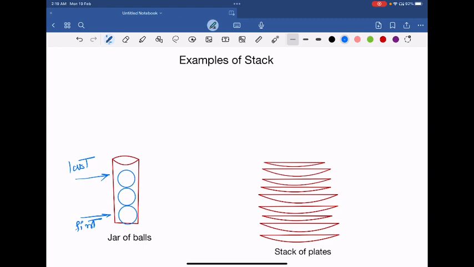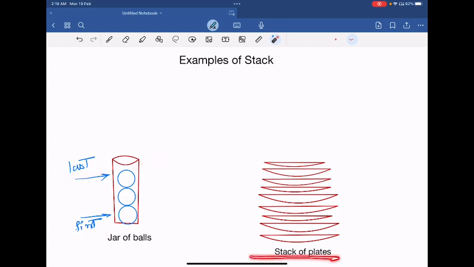At the time of removing the balls from the jar, the ball which was inserted last will come out first, and the ball which was inserted first will come out last, after all the other balls are removed. So this ball will be removed first, then the next ball, and then the next. The ball which was inserted last will come out first.